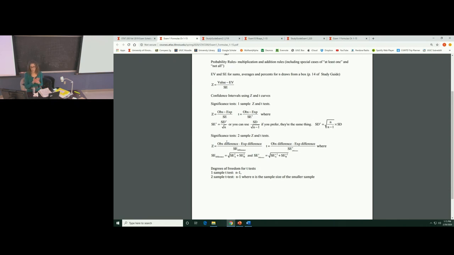The z is simpler, but people don't like to use it as much because it's less conservative. And sometimes they think, oh, if you did a t-test, you wouldn't get significance. And you did the z, and you got significance, and we don't trust it. That's the political reason behind it.